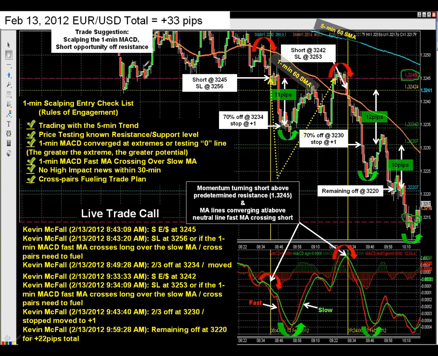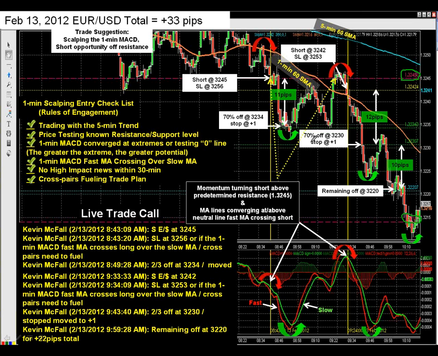You can see how price was testing 32.45, very good support, until we could break that support, and you can then see how the market ran this price within this channel. That's why these are called channel break trades. It's a channel break strategy, and this particular strategy is a scalping method within that channel break strategy.